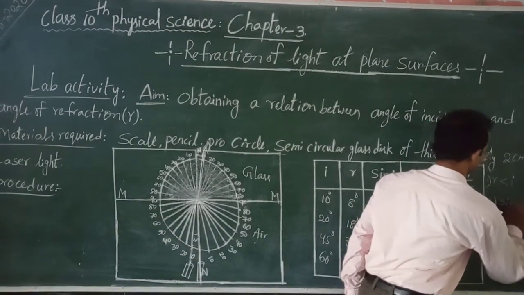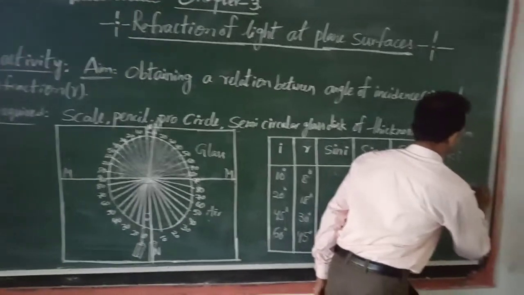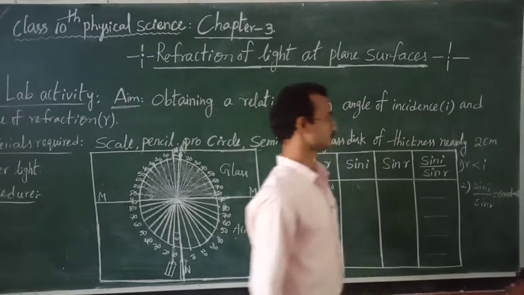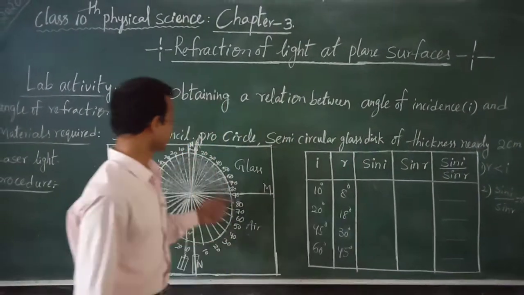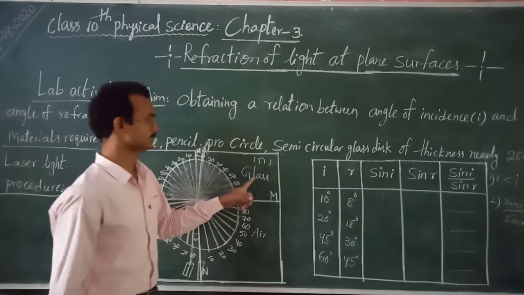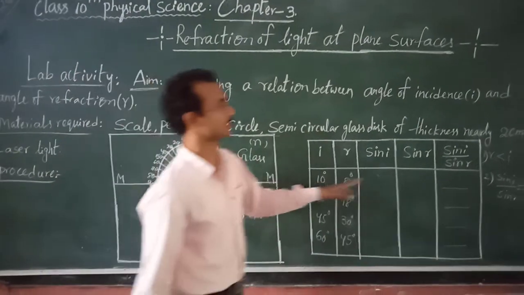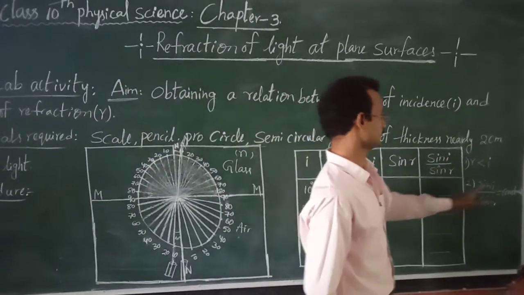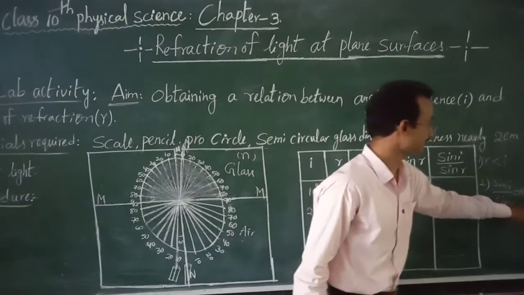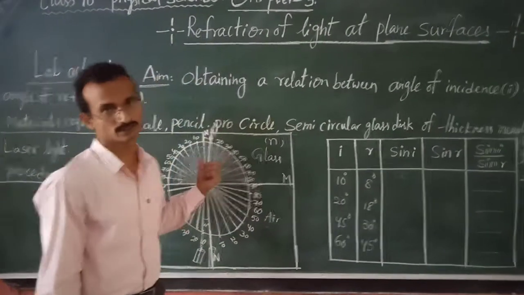Sin I by sin R becomes a constant. Here the constant value gives the refractive index value of the glass slab, the n of the glass slab. The denser medium refractive index n is obtained by calculating sin I by sin R. In all the cases you will get a constant value. The constant value gives you the refractive index of the denser medium, that is, the glass slab.